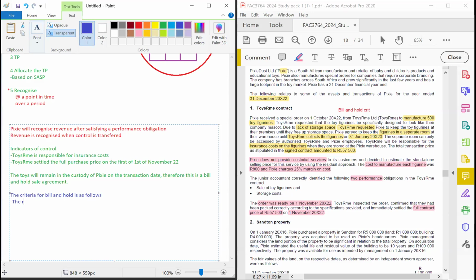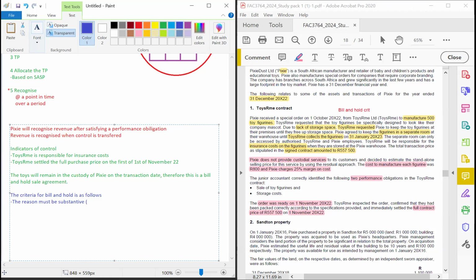The first one is that the reason must be substantive. Okay, so that's the first thing that you could write. So now, what does this mean? It means that it must be requested by the customer to hold this product, right? So what you could state is that Treasury requested Pixie to keep the figurines in their warehouse. So this is what you can write.